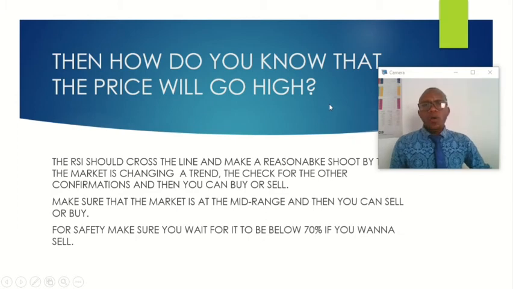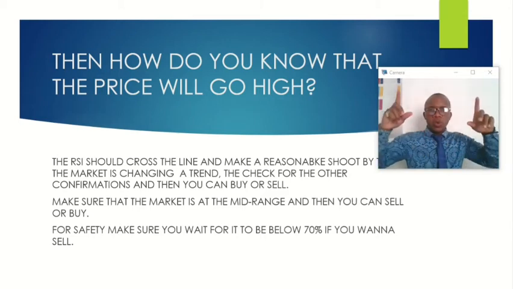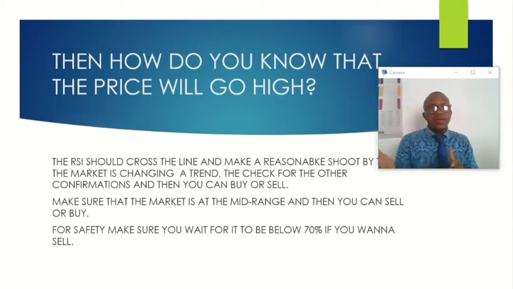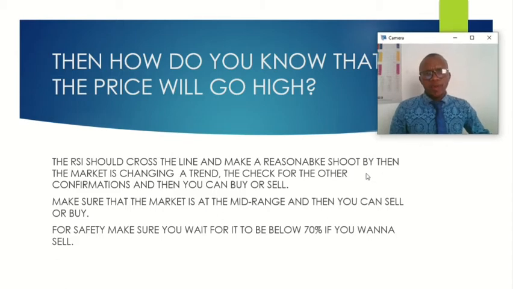Then how do you know that the price will go high using the RSI? How do you know that the price is about to be bullish or about to go long using the RSI? The RSI should cross the line like I've just mentioned before. It should make a reasonable shoot by crossing the line.